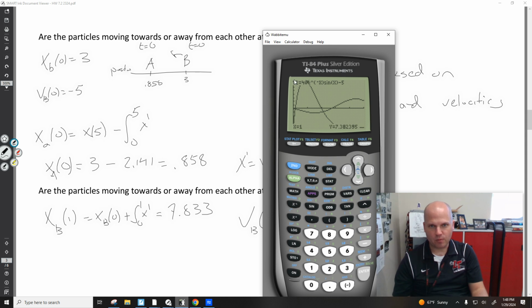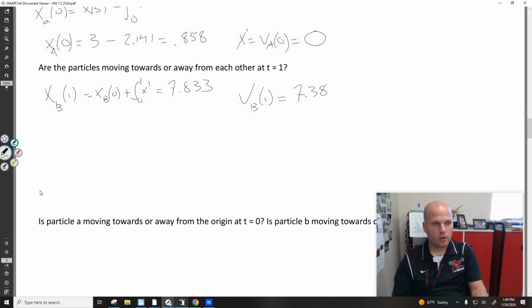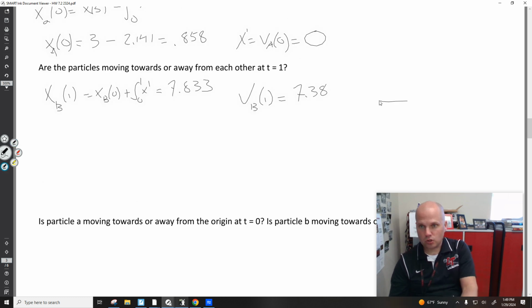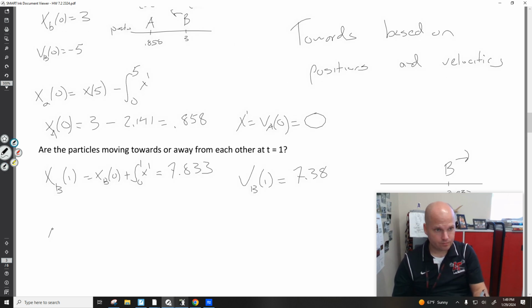My velocity at 1. I go up to y2, I press in 1, and it's positive 7.38. Okay, cool. So, particle B is at 7.833, and it's moving to the right. Particle A at 1.